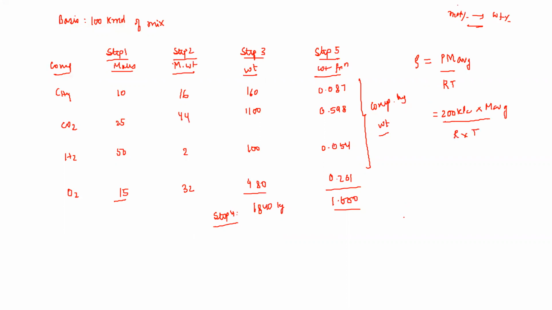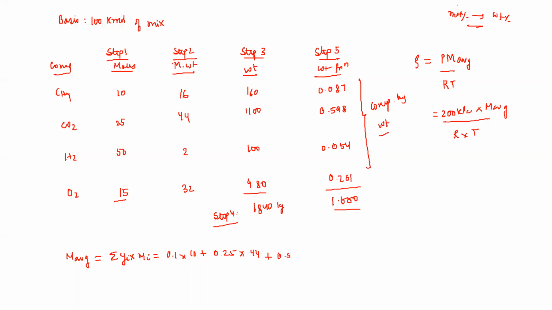So average molecular weight is nothing but summation of mole fractions into molecular weights. So that is going to be equal to 0.1 into 16 plus 0.25 into 44. 0.1 is the mole fraction of methane. 16 is the molecular weight of methane. 0.25 is the mole fraction of carbon dioxide. 44 is the molecular weight of carbon dioxide.